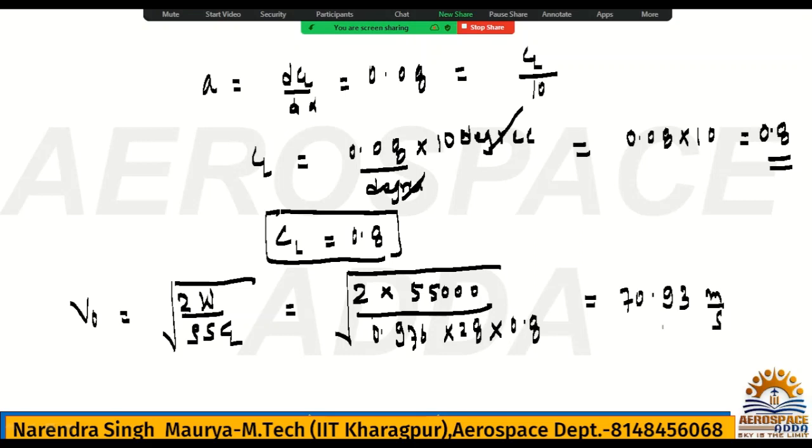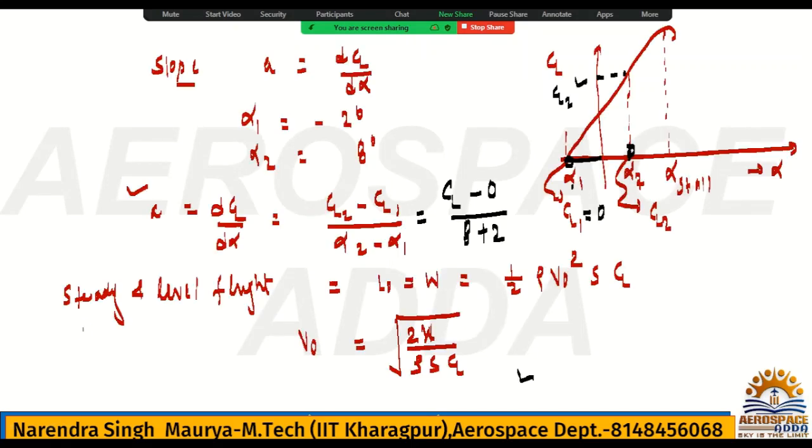This is the velocity, but remember this is the V naught. V naught is the steady and level flight velocity. Why have I written steady and level? Because only in the case of steady and level flight is L naught equal to W. I explained that last class, so there should not be any confusion.